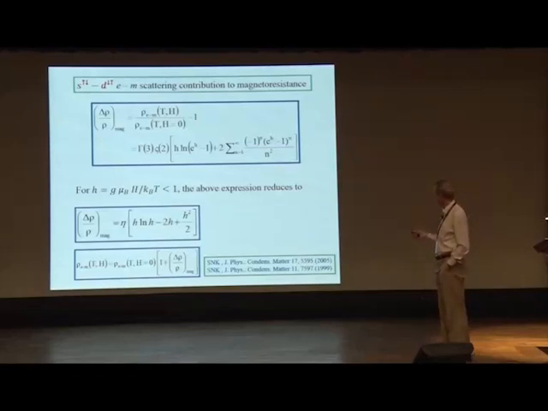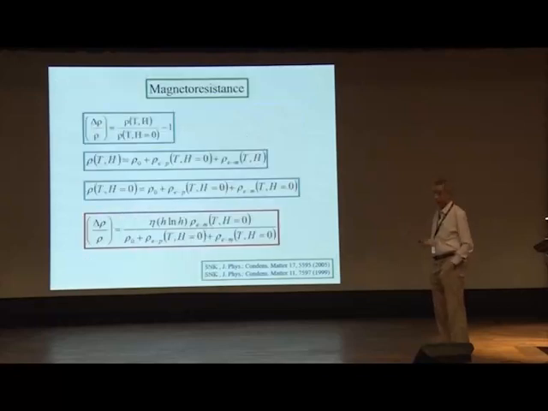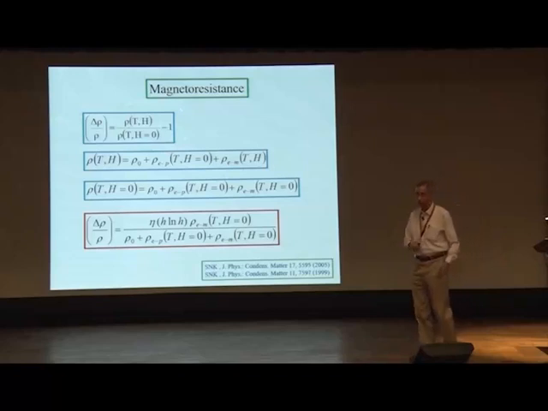And here, this is the expression that we get for the electron-magnon contribution, which is the interband scattering contribution. But what you measure is this: the change in the total resistivity in magnetic field, not separately the electron-magnon contribution and how it changes with field.